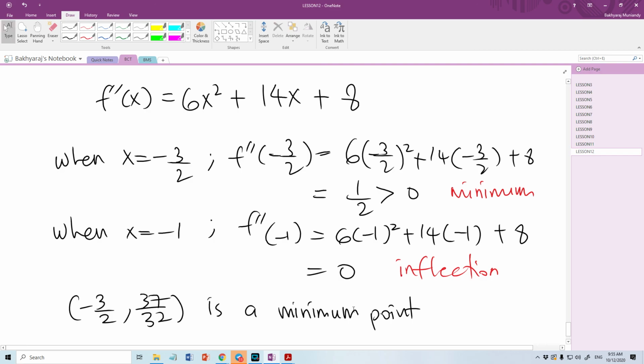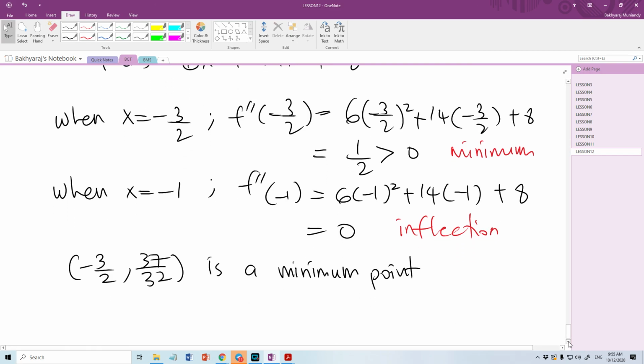Okay, the first one. And number 2 is negative 1. Okay, negative 1 and 7 over 6, right? 7 over 6 is an inflection point.